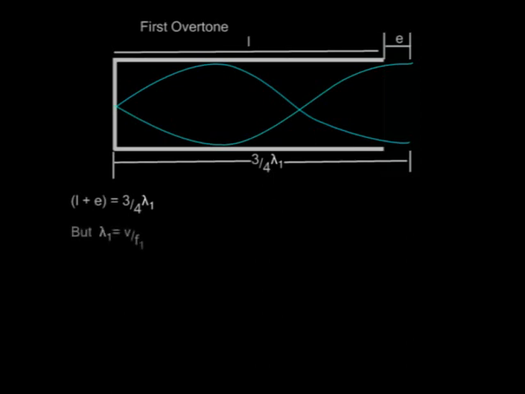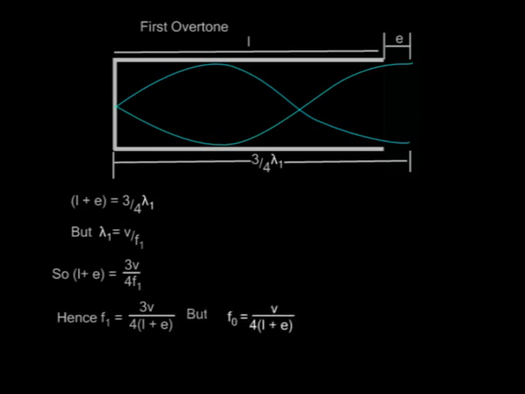But lambda 1 is equal to V over F1. So L plus E is equal to 3V over 4F1. Hence, F1 is equal to 3V over 4(L plus E). But then F0 is equal to V over 4(L plus E). Therefore, F1 is equal to 3F0.